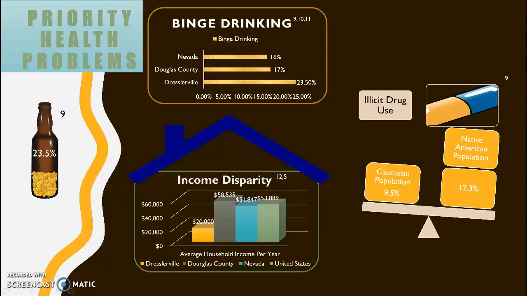And then the graph on the lower left-hand side further highlights the income disparities. As you can see, the yellow bar is indicating the $20,000 per year the average household in Dresserville makes. Compared to Douglas County, it's about a third of what the average household in Douglas County makes, at almost $60,000. And then, again, still much lower than the state and the nation average.